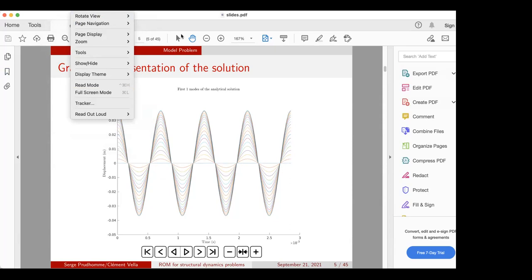So let me stop sharing then. Yeah, so full screen first. Yeah. And then view full screen.